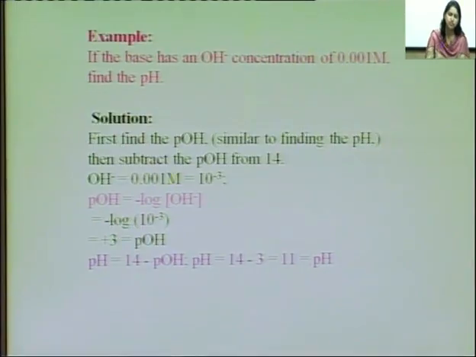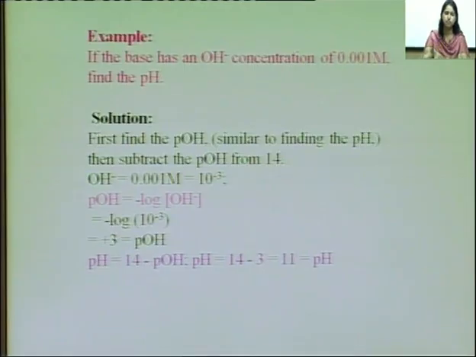How to solve this? Take the power in front and then take the log of base. Power is 3 and take it in front, that is negative 3, that will become plus, log of 10 will be equal to 1. So, answer is 3.